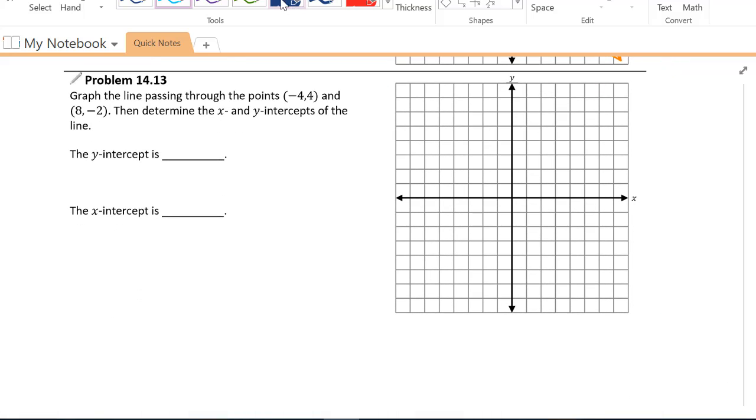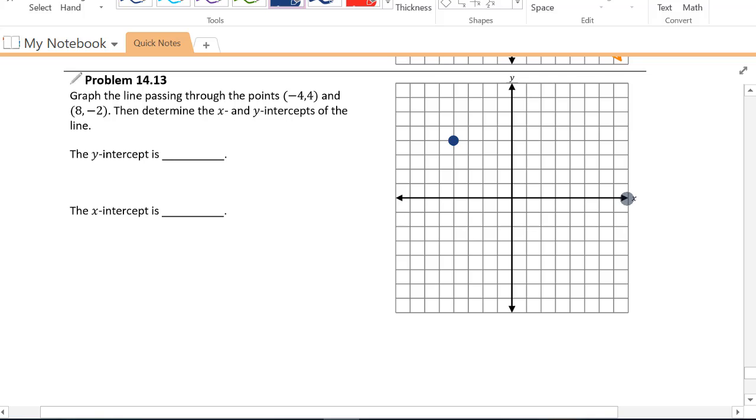All right, so pretty much the same thing. Plot the 2 points. We have -4, 4. Oh yeah, that's a -4 on the x. So 1, 2, 3, 4 on the x, and then 4 up on the y: 1, 2, 3, 4. So I'm right there. And then I have 8, -2. 8 on the x, so that's all over here.